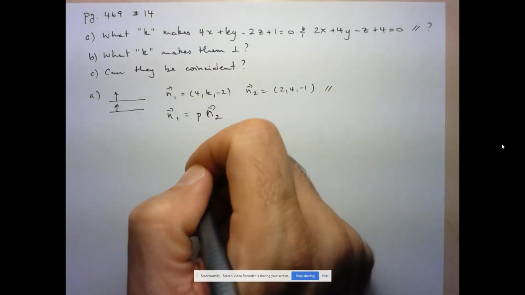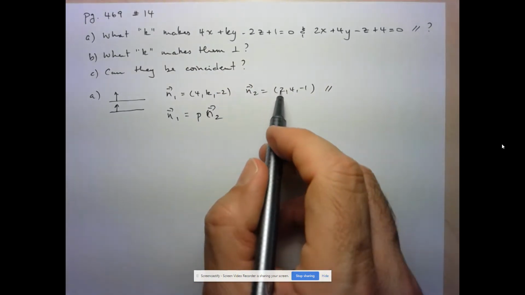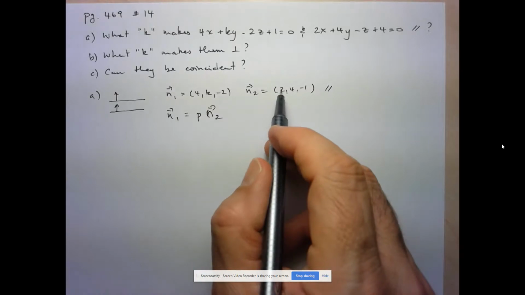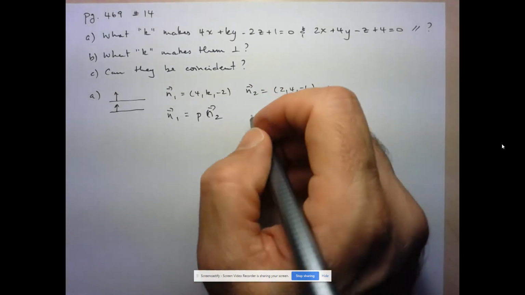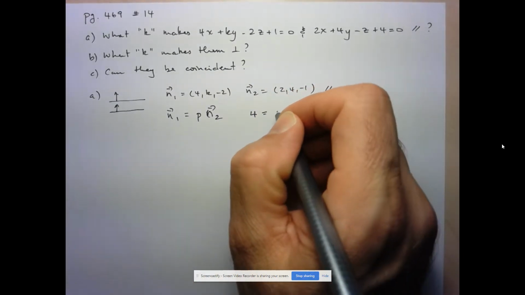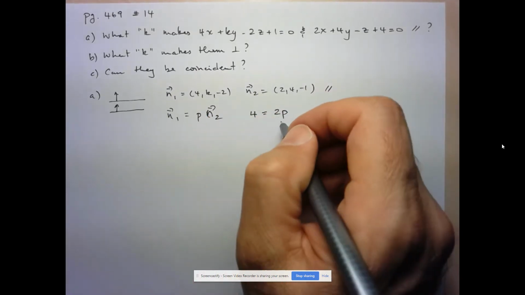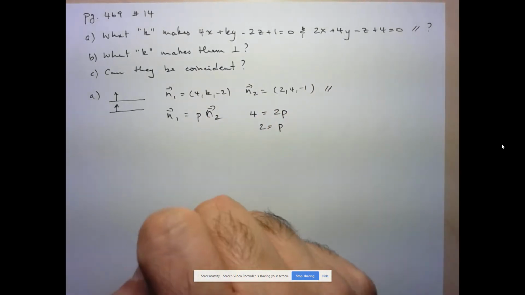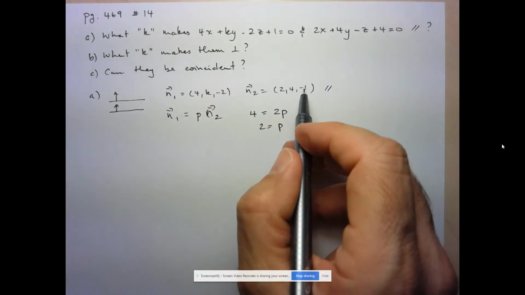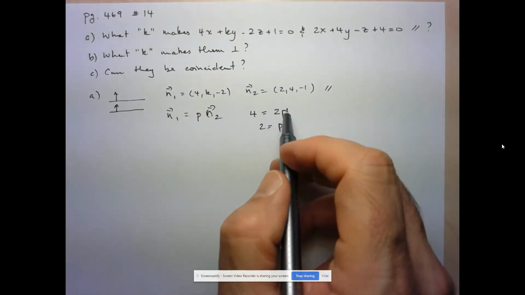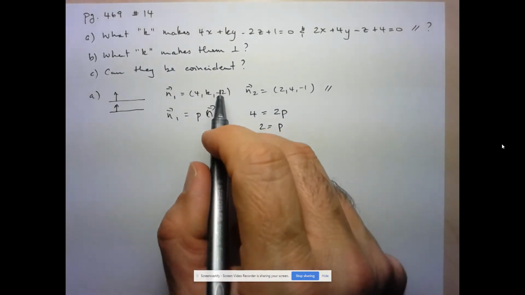If I look at the two x components, 4 would need to be equal to 2p, and so p has to be equal to 2. I notice that it also works for the z values because 2 times negative 1 is equal to negative 2.